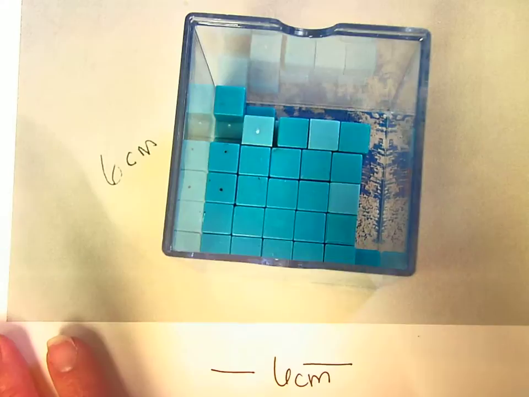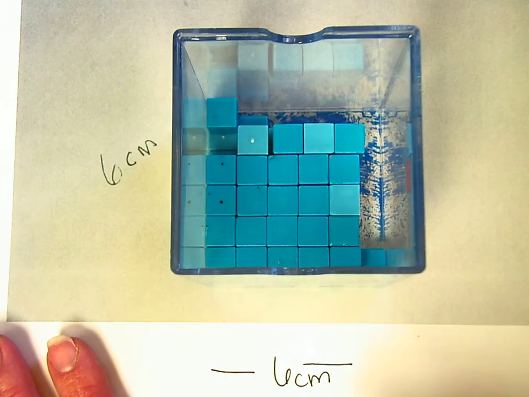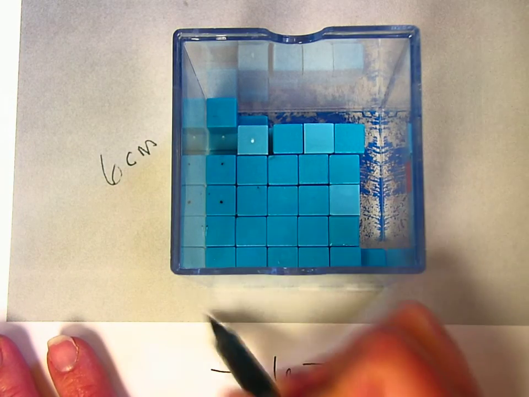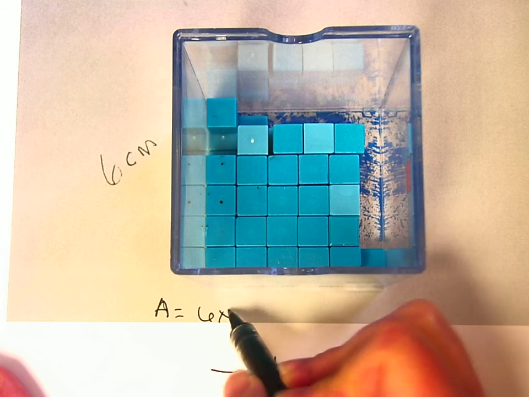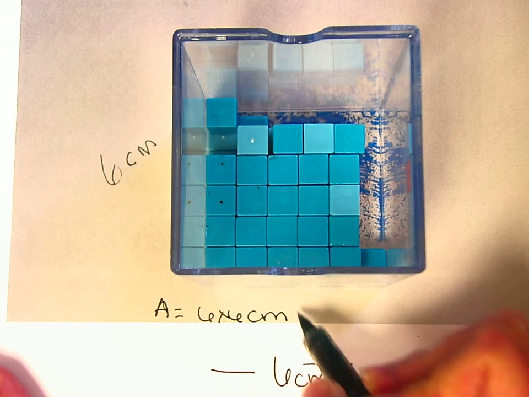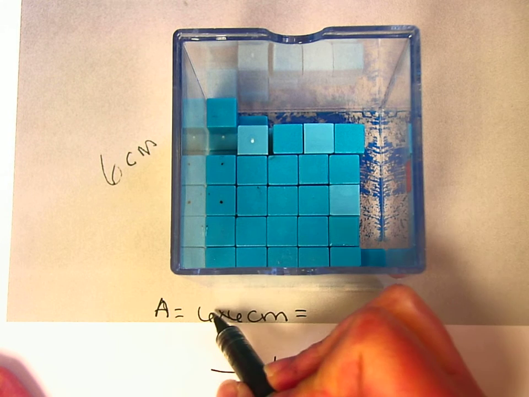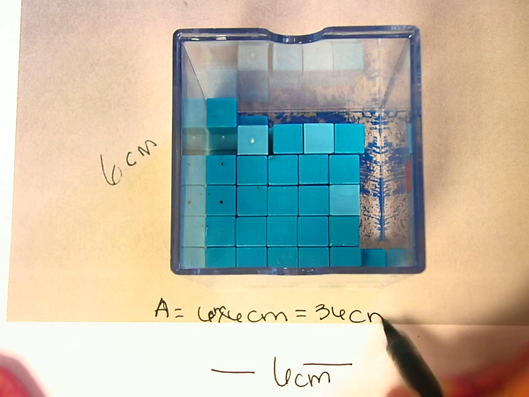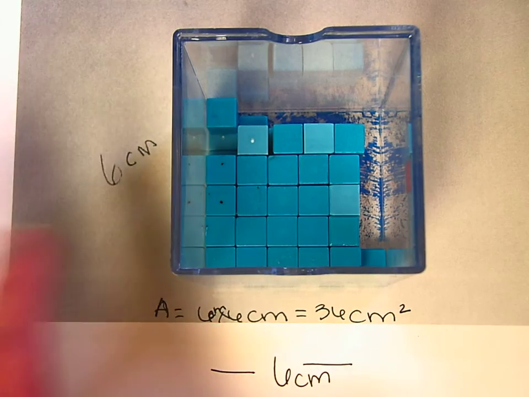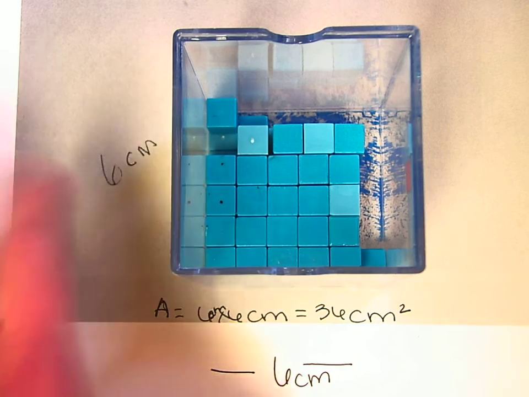So our area of one of these layers would be 6 times 6. Whoops, I forgot my unit there. That would give me 36 centimeters squared. I've multiplied the length and the width.